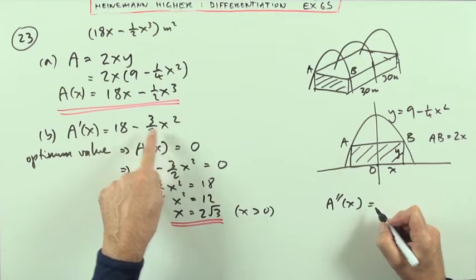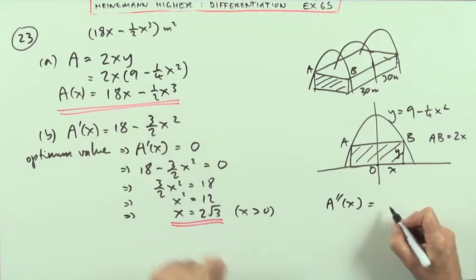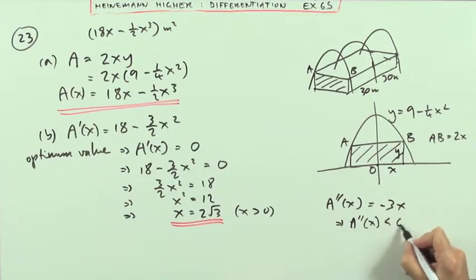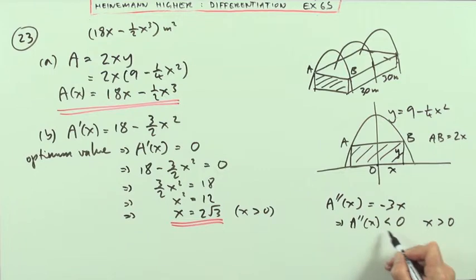Constant disappears, and that's just going to be the 2 goes across and multiplies, making it negative 3x. Very simple. Because no calculations required, that means that that is always negative, because x is always positive. Negative 3 times a positive. And if the second derivative is negative, that means you've got a maximum value. So there's a quick little justification using the second derivative.